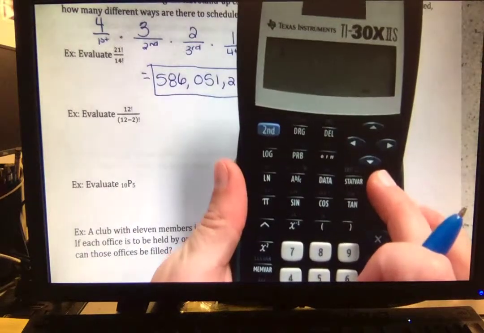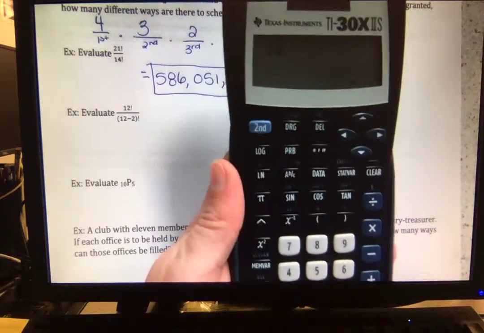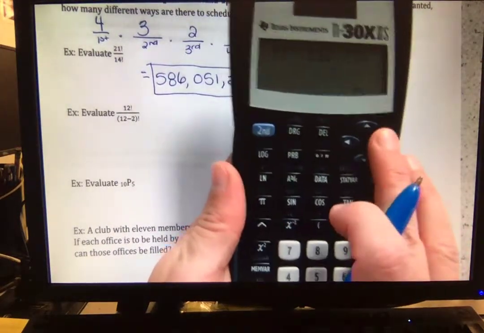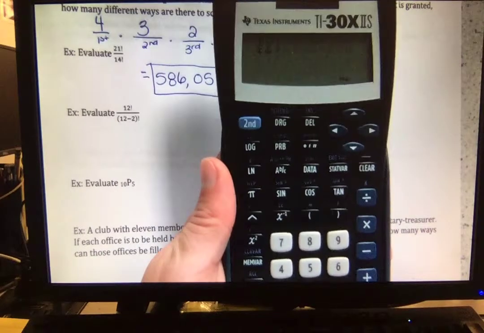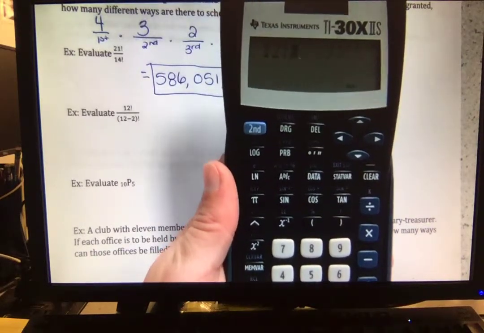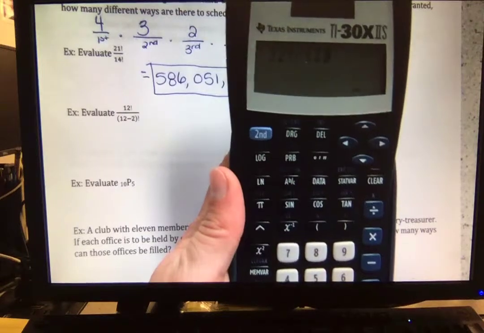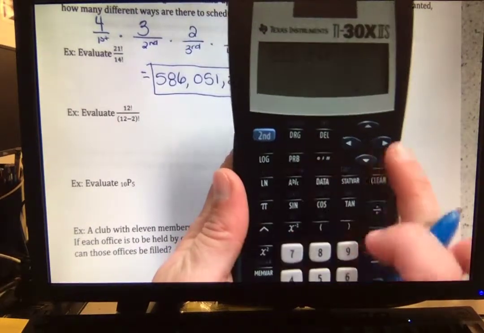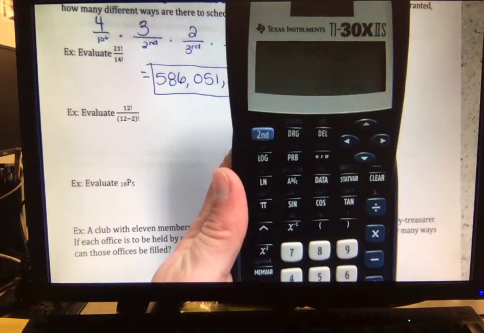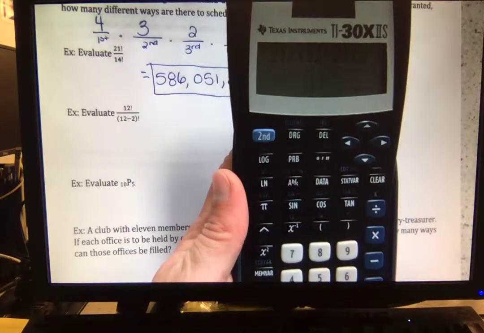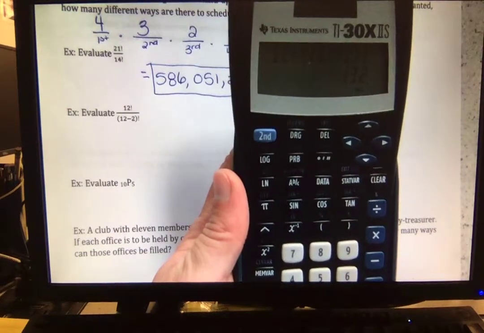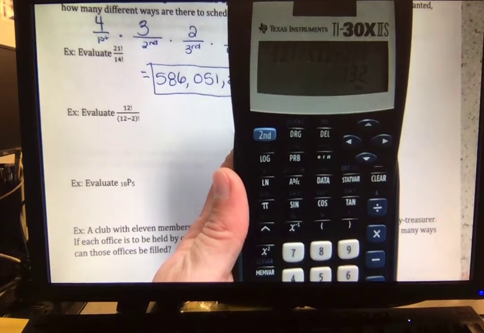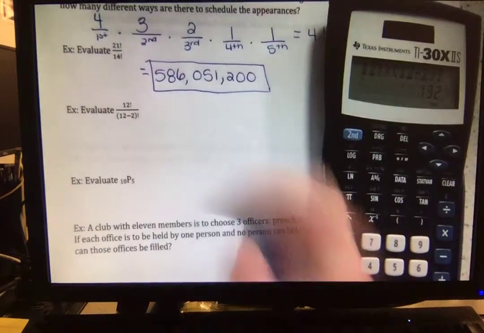So in our calculator, 12, PRB, scrolling over to factorial, divided by, in parentheses, 12 minus 2, again PRB, scrolling over to our factorial. Boom, that will give us 132. Done.